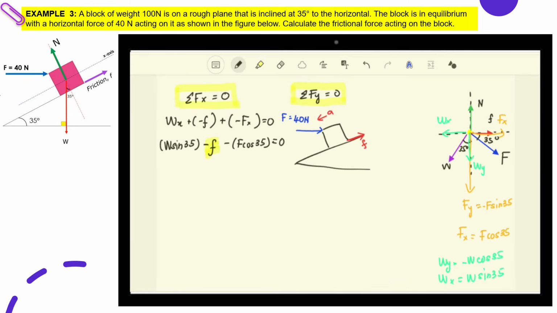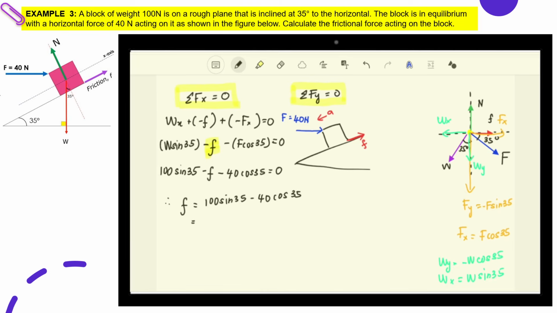Alright, so now we can substitute the value of W, which is 100 Newton, sine 35 minus frictional force minus F, the external force, 40 cos 35 equal to 0. Therefore, the frictional force is equal to 100 sine 35 minus 40 cos 35.